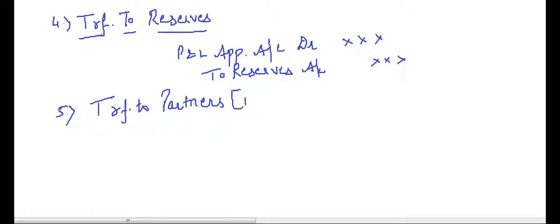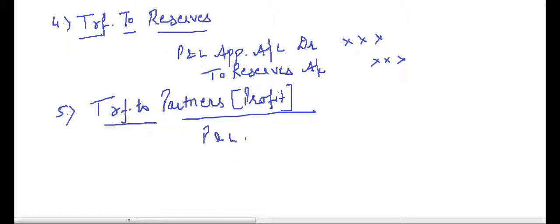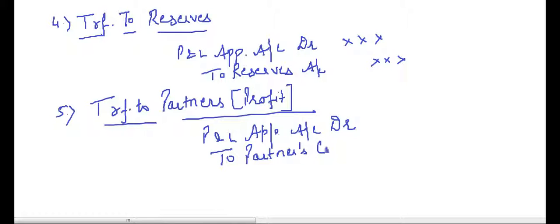This is basically profit. Now this entry will be simple: profit and loss appropriation account debit, because whatever is left with the profits we will distribute to partners' capital or current account.